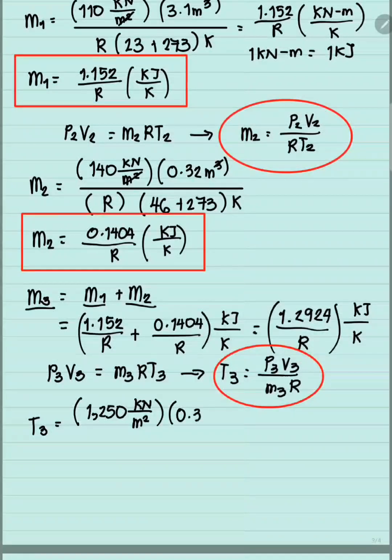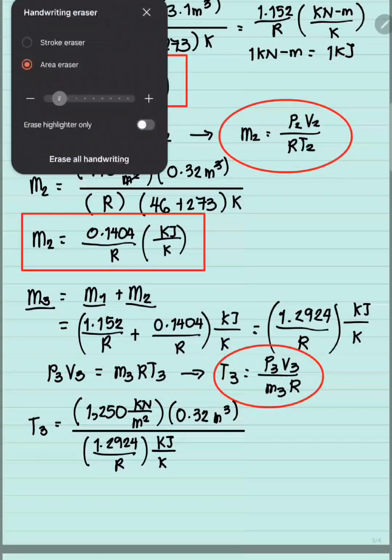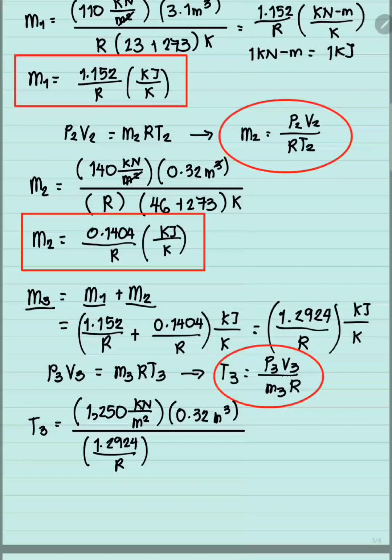We have also 0.32 cubic meters all over. We have our M3 which is 1.2924 over R with the unit of kilojoule over Kelvin, or let's change it to kilonewton meter over Kelvin. And we are left with R.